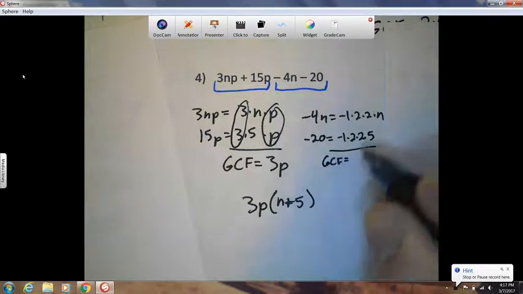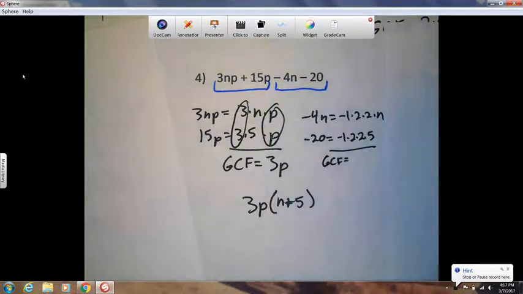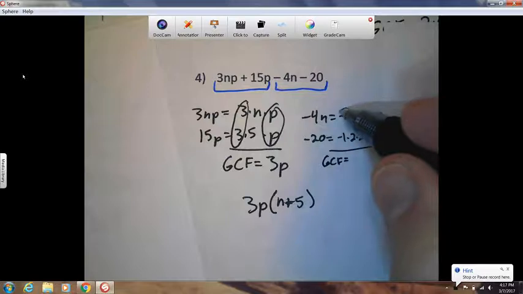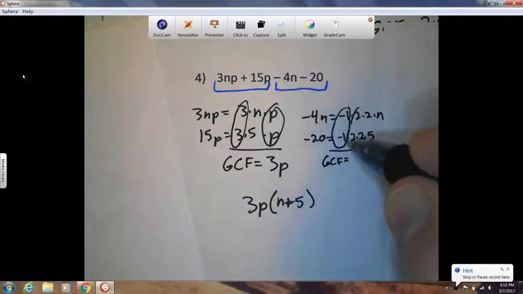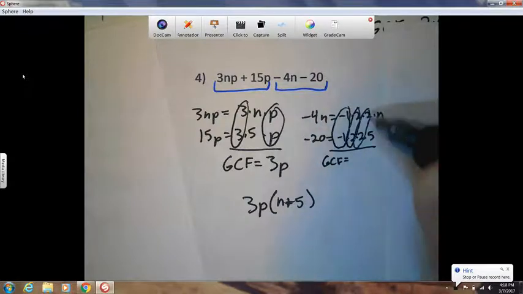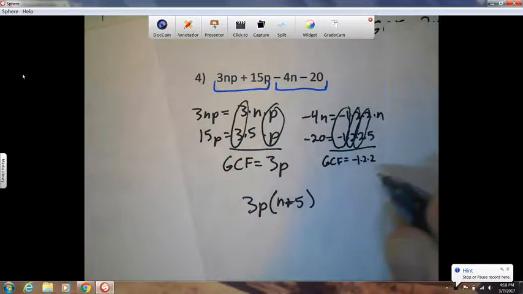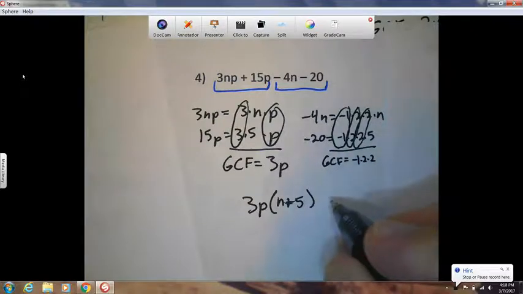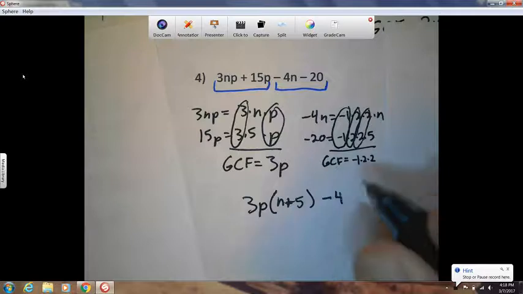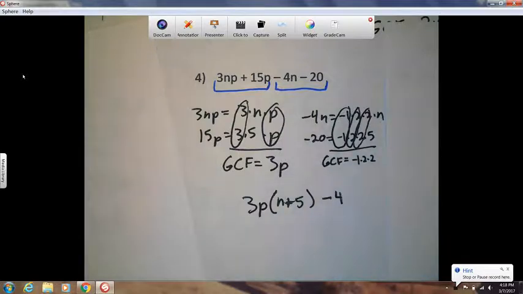I'm looking for what is common. -1, 2, and 2. So I'm getting my greatest common factor is -4. -4. And then what's left? N plus 5.